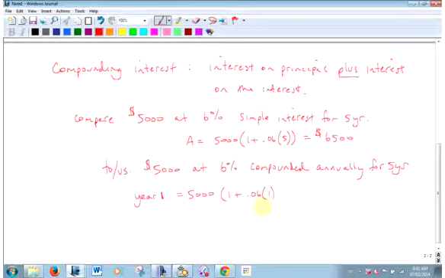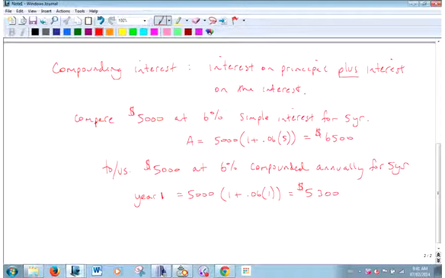How much interest is that? What's 6% of 5,000? 6 times 5 is 30, add a 0, that's $300. And if you don't believe me, put that in your calculator. I'm going to add that to 5,000. So I get $5,300 at the end of 1 year.